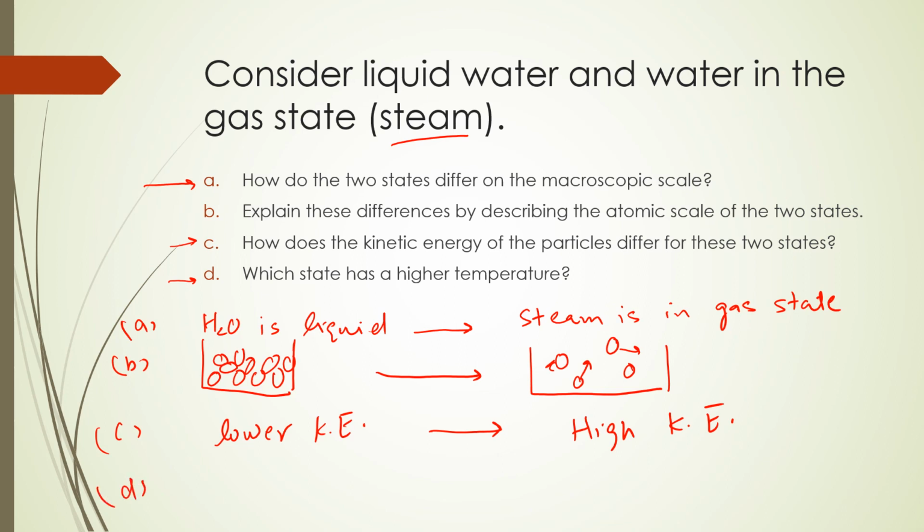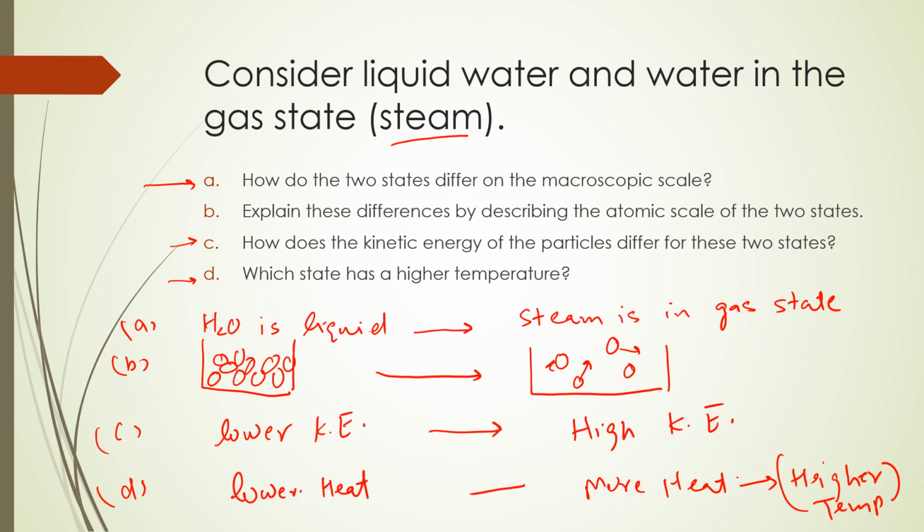We know that more kinetic energy means more heat, and more heat means higher temperature. So the gas state, or steam, will have higher temperature, and liquid water will have lower heat and lower temperature compared to gas.